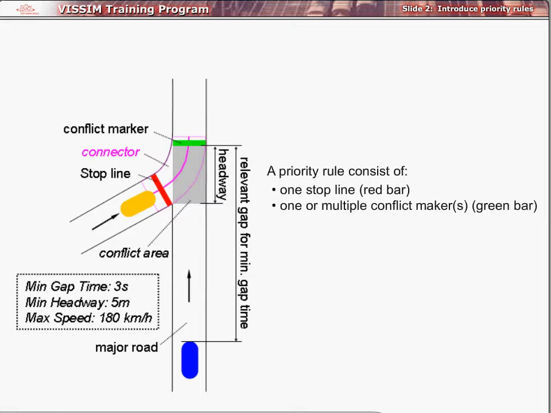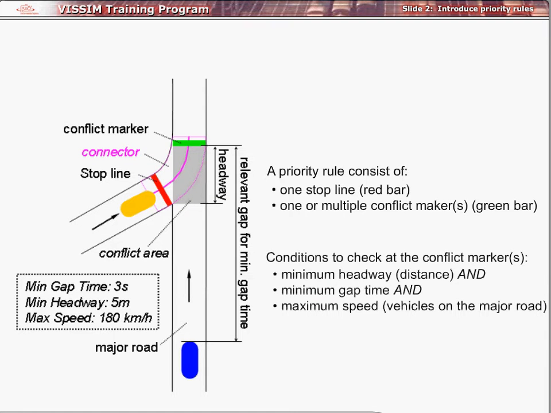Depending on the current conditions at the conflict marker or markers, the stop line allows vehicles to either cross or not. Conditions to check at the conflict markers are the minimum headway, minimum gap time, and maximum speed. During the simulation, the current headway is calculated as the distance between the conflict marker, green bar, and the first vehicle approaching it.